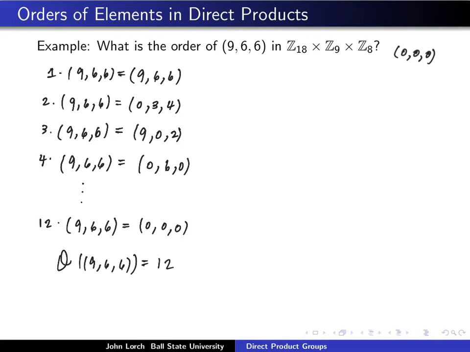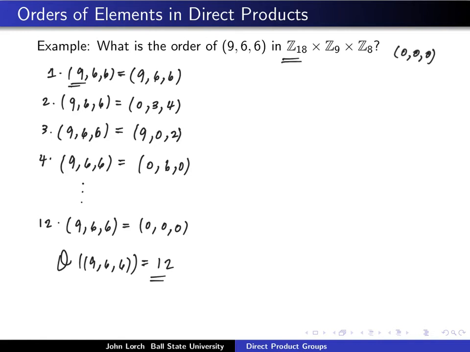Now, it would be really nice if we knew some way to compute this order without having to simply compute all the powers or multiples of the given element. And if you think about it, there should be some way to make this computation easier. So one thing you might notice is that this order, this 12, should be dependent somehow on the order of these individual components, 9, 6, and 6, within their individual groups, right?